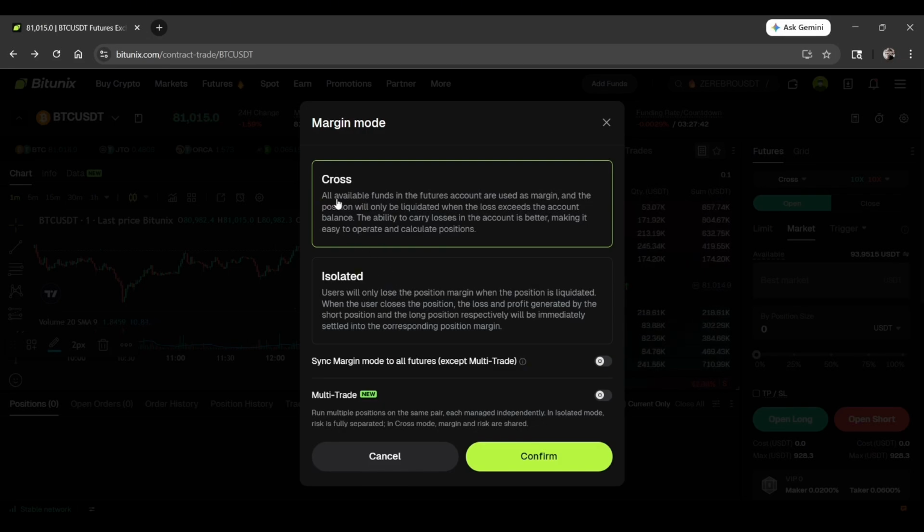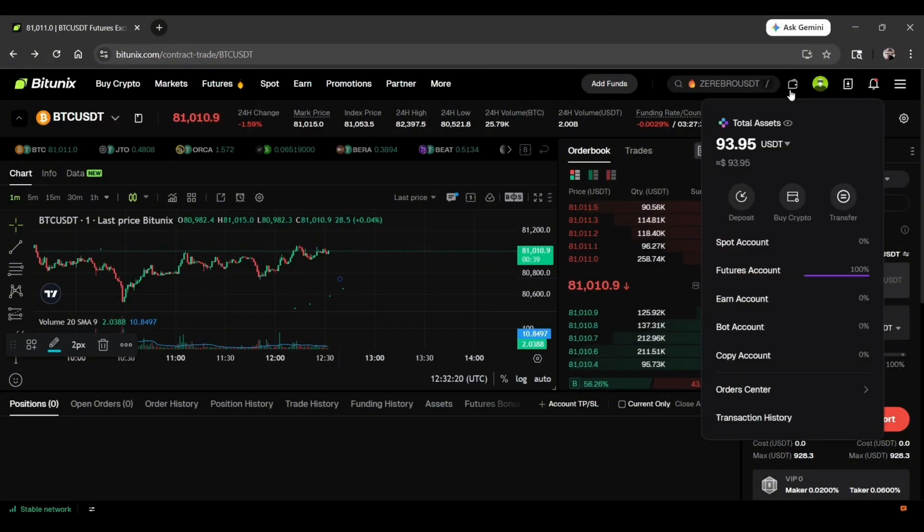Okay, so when you're using cross margin, what this means is that whatever funds you have in your futures account, that entire futures account is being used as margin for your trade. Meaning that if that trade just so happens to get liquidated, your entire futures account will also be liquidated as well. Okay?